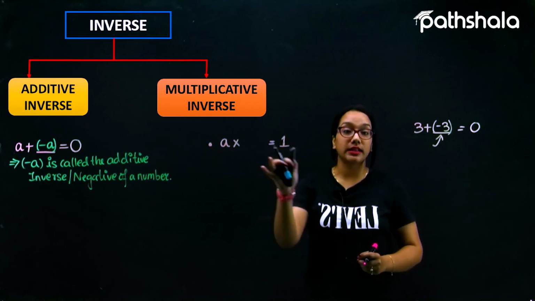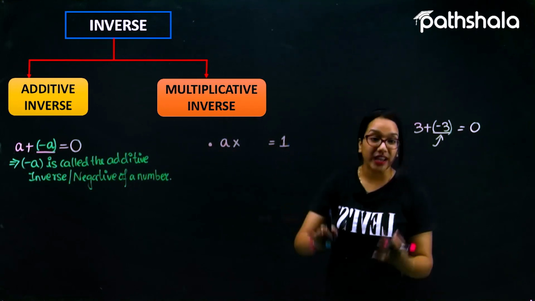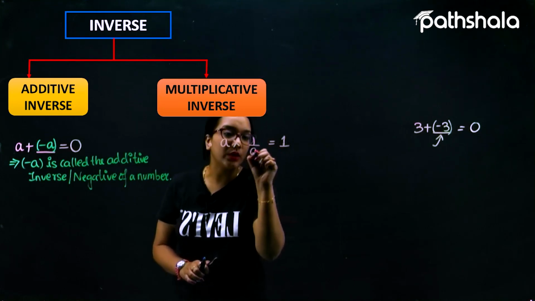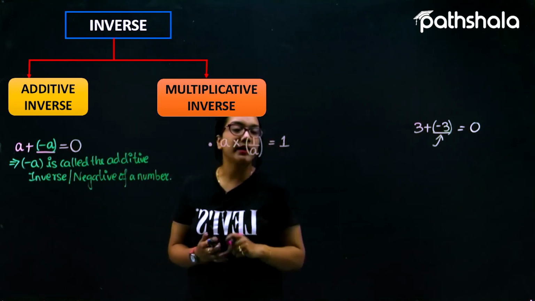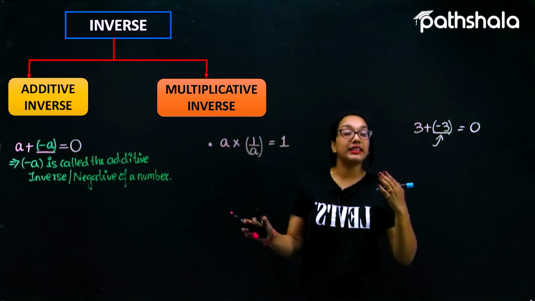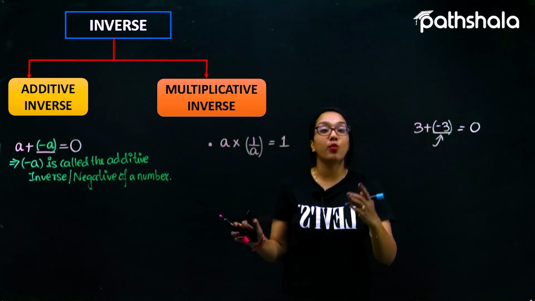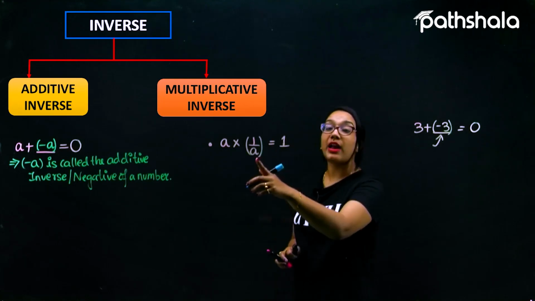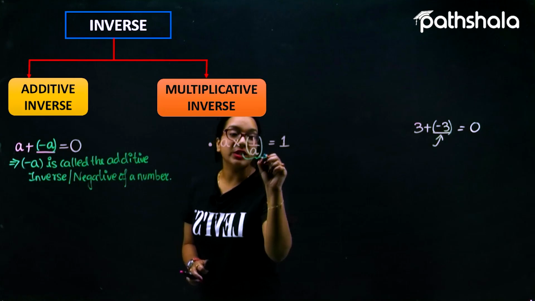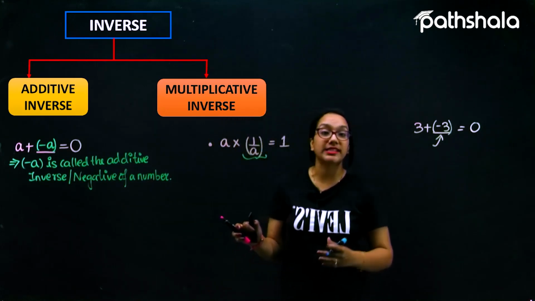The answer is easy: the reciprocal of that number. When a number is multiplied with the reciprocal of itself, the answer is 1.